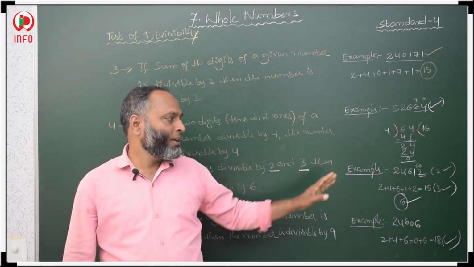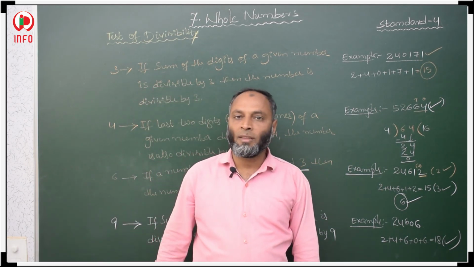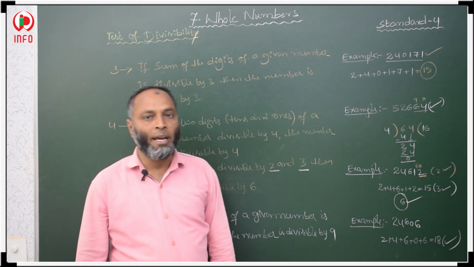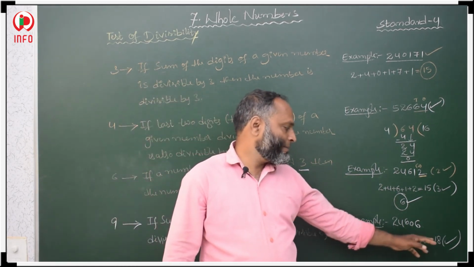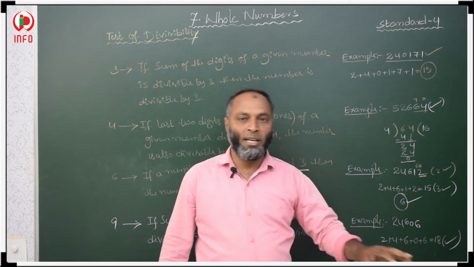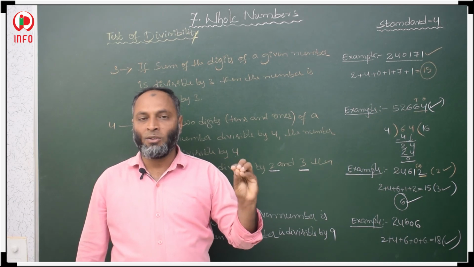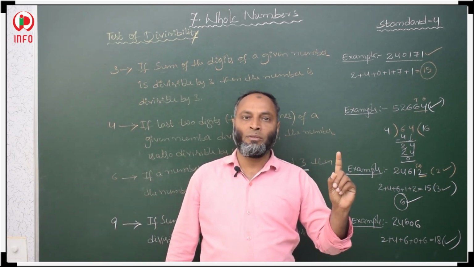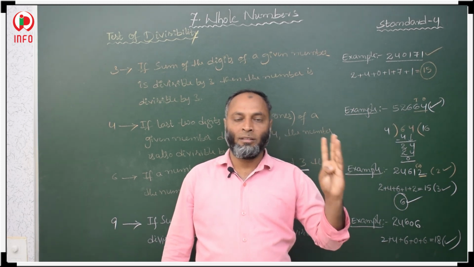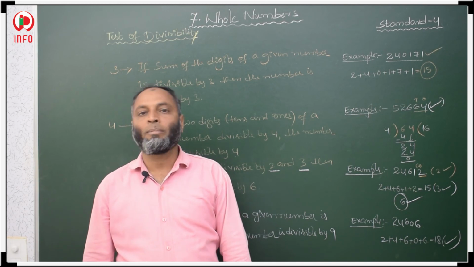If any one condition fails, then the number is not divisible by 6. Then 9: if the sum of the digits of a given number is divisible by 9, then the number is divisible by 9. So, these are the conditions to check divisibility for 2, 5, 10, 3, 6, 4, 9. Okay, students.